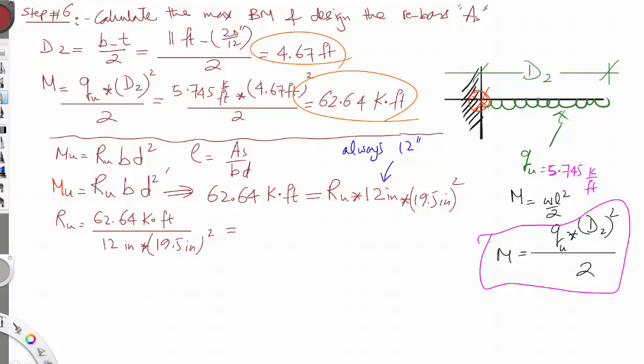So if you look at the units here, you have inches here, we have inch, and we have feet here. And if you go back to the tables, they are always in pound per square inch, so we need to make everything pound and everything inches. So to convert this into pounds, I need to multiply by 1000. And to convert this into inches, I need to multiply by 12.